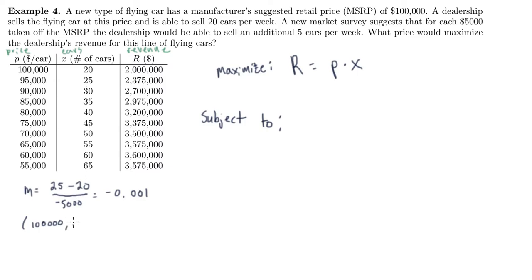We'll just use the first one and then do some point slope. And you get something like X is equal to negative 0.001 P plus 120.